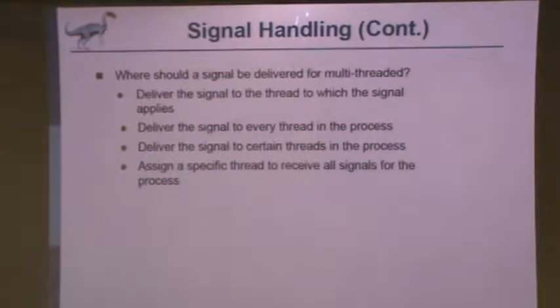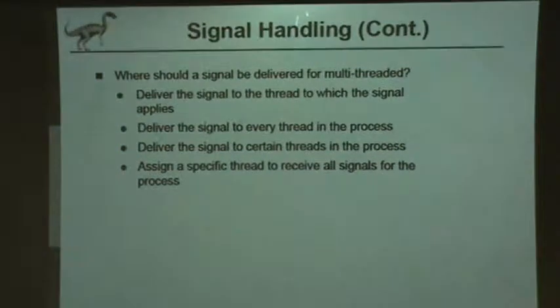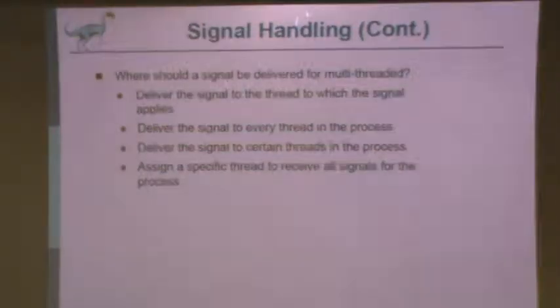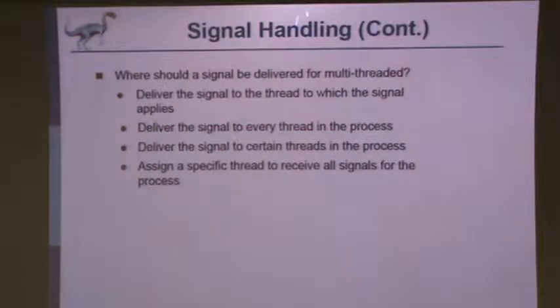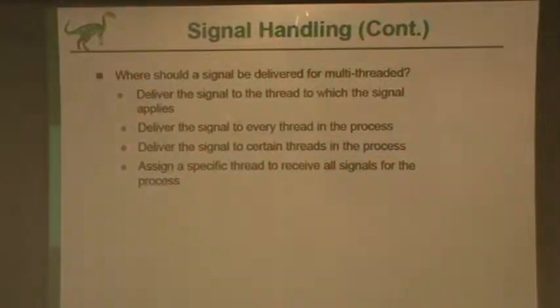Another way is to deliver the signal to every thread in the process, or deliver the signal to certain threads. Maybe part of the threads want to listen to the signal.